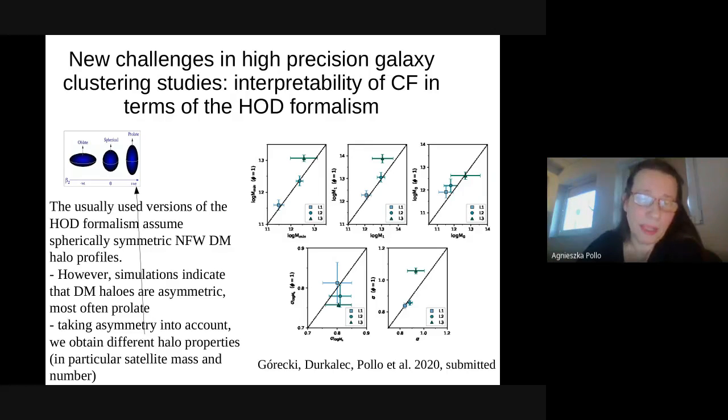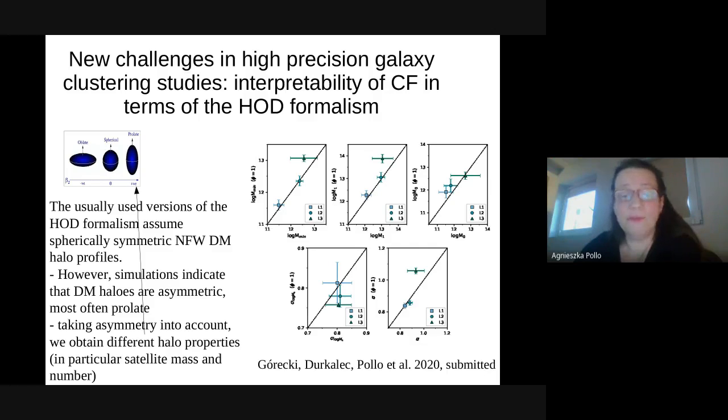systematics. For example, usually we assume that we are dealing with spherically symmetric halos. We all remember this old joke about spherically symmetric chaos. So spherically symmetric halos, while usually halos, especially for massive galaxies, are not exactly symmetric.